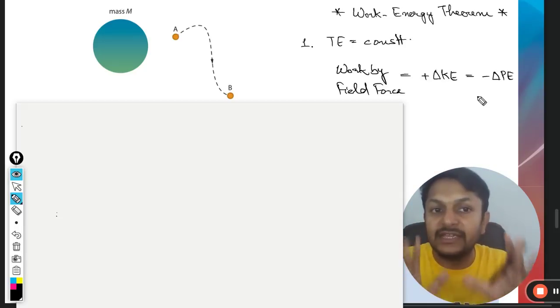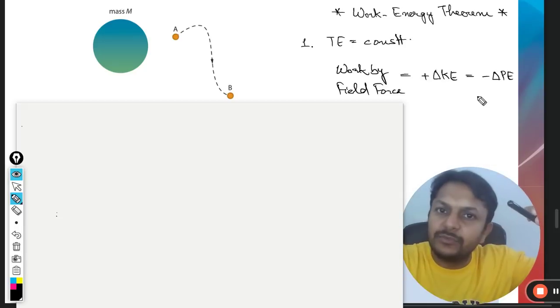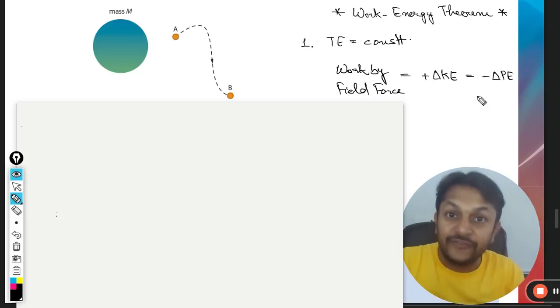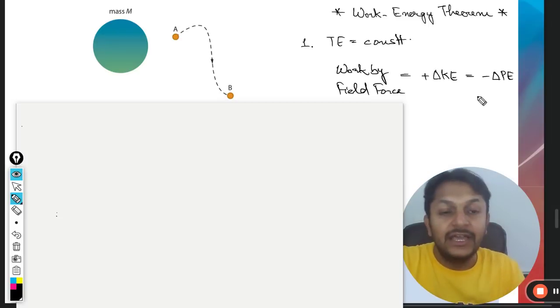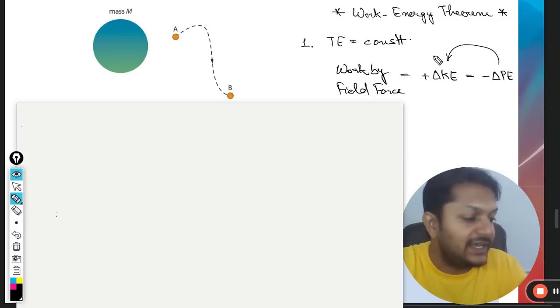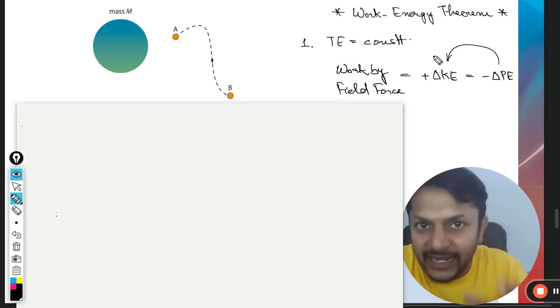Now what is happening here? Take one example: this is the pen. It has some gravitational potential energy. Now it is getting attracted towards the center of the earth. It is falling. What is happening? It is losing some potential energy, and this is converted into kinetic energy.